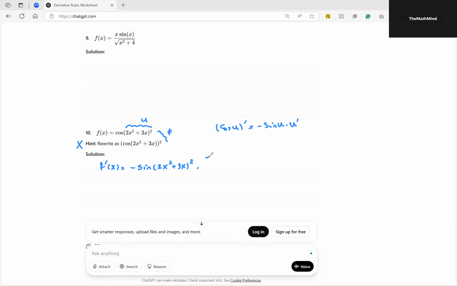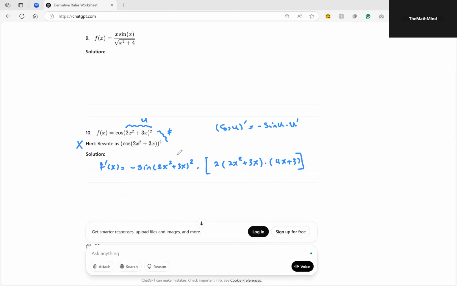Now for u prime, we should take the derivative of this bracket. We're using the chain rule. It's going to be 2 times (2x squared plus 3x) multiplied by the derivative of what you have in the brackets, 4x plus 3.